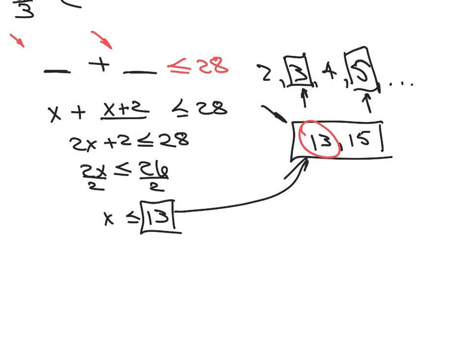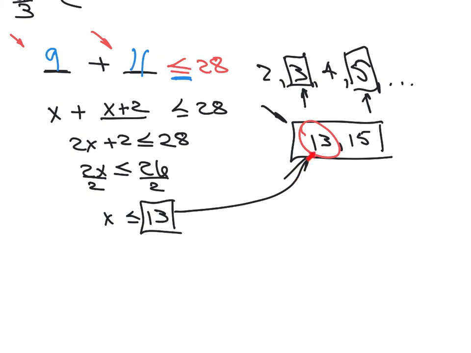Would the numbers 9 and 11 work? 9 plus 11 is 20. Is that less than 28? Yes, it is. So 9 and 11 work. So what we're saying is any two numbers that you add up to get a number equal to 28, like in 13 and 15, or less than 28, is going to work. So if this were a 3, this would have to be a 5, and that gives me 8, which is less than or equal to 28.